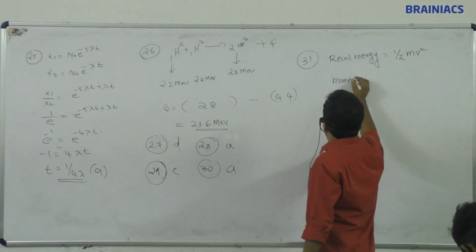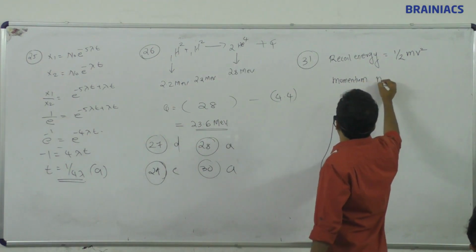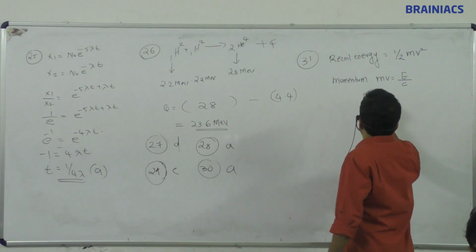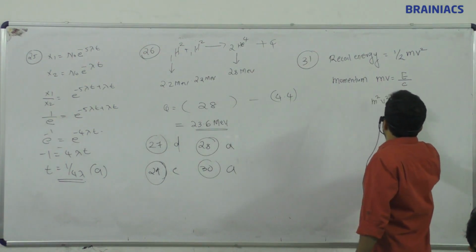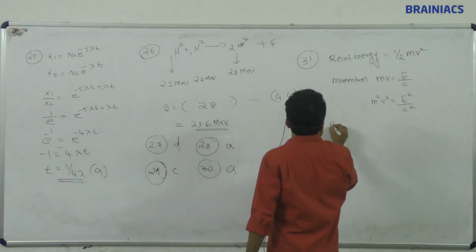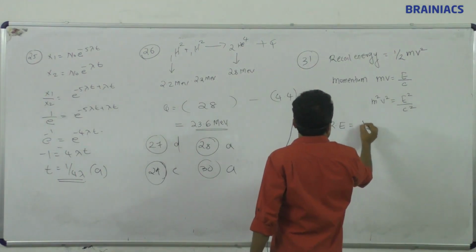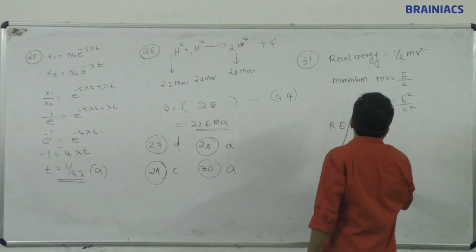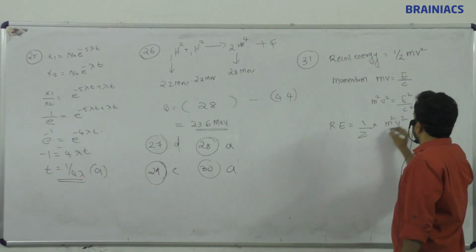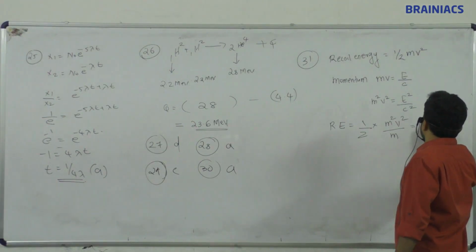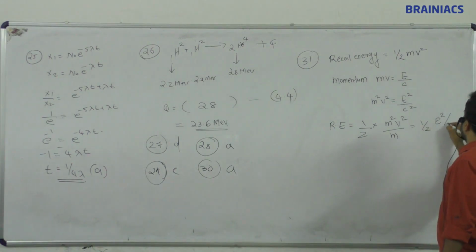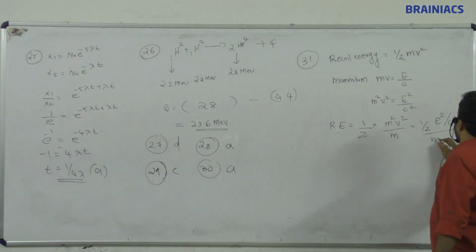Momentum mv is equal to energy by c. So m square v square equals E square by c square. So recoil energy is equal to 1 by 2 into, multiplying with m here, m square v square divided by m. So what should I get? 1 by 2, E square by c square divided by m.